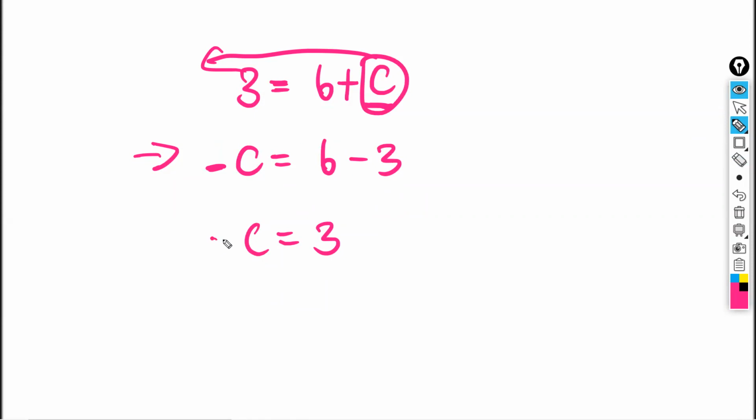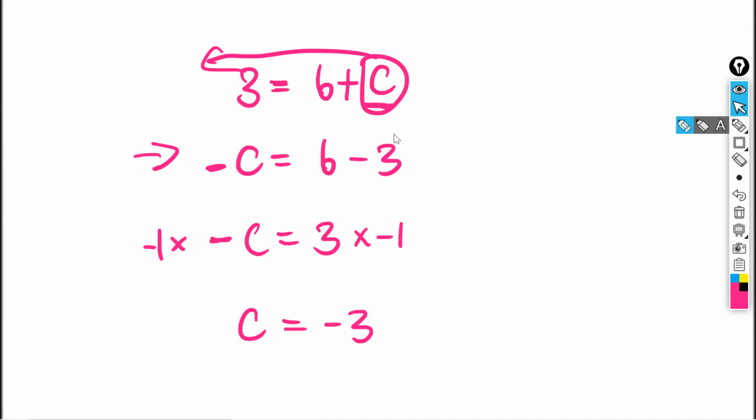So this would give you negative C is equal to 3. And if you have negative C is equal to 3, you would have to multiply both sides by -1, and you'd end up with C is equal to -3. You're still going to end up with C being -3. You see what I mean?